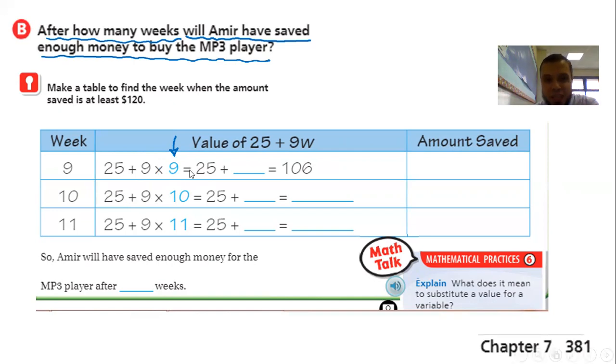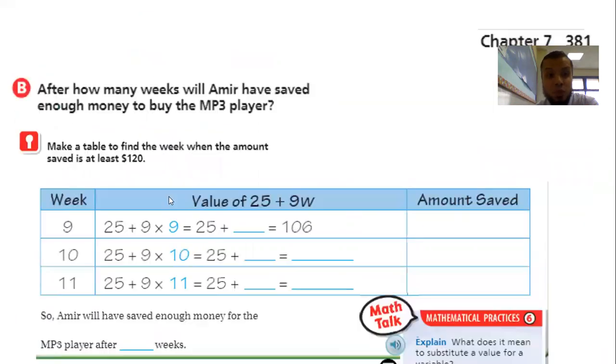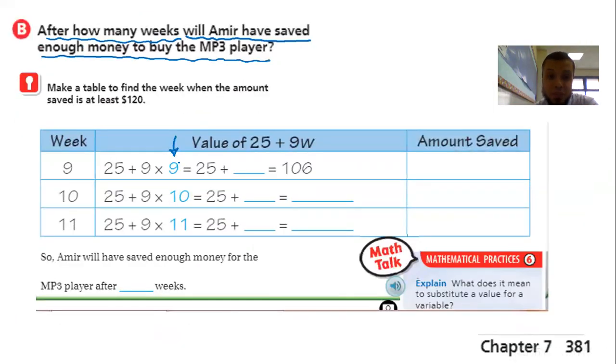We just finished 8 and the money became $97. So we need more. We need to substitute W with 9. Multiply first. 9 multiplied by 9 equals 81. Add 25. The answer is $106.